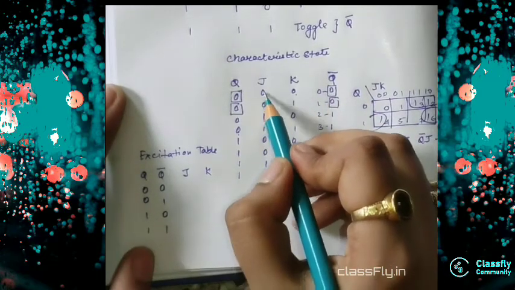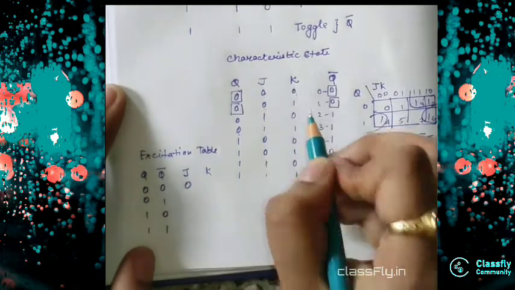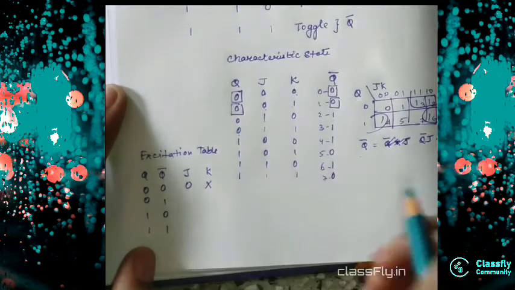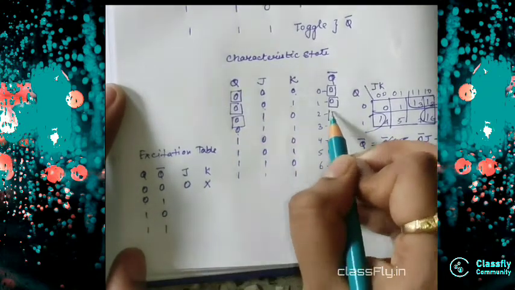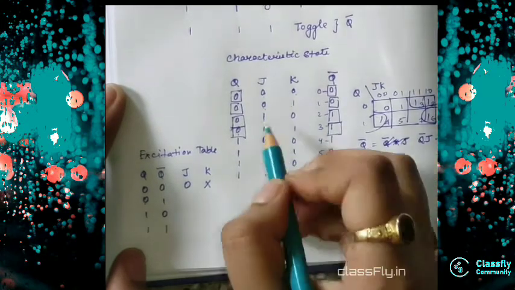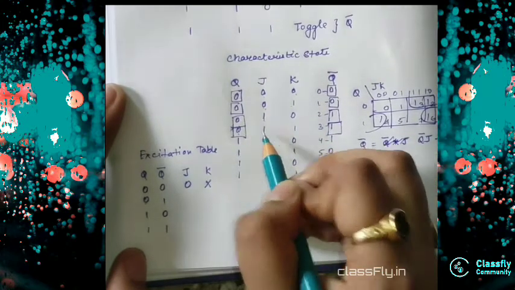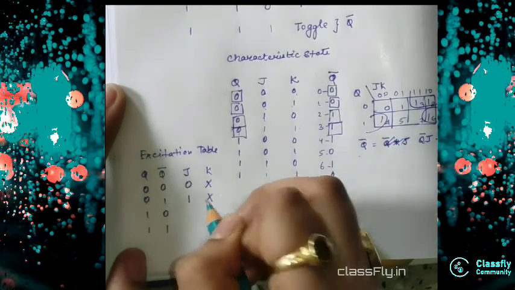So it will be 0 for this one, as J is not changing, if K is changing, so it will be cross. Now 0 1, so here it is 0, here it is 1, here it is 0, here it is 1. So 1 1, so I will write 1 here, and 0 1 it is changing, so cross here.